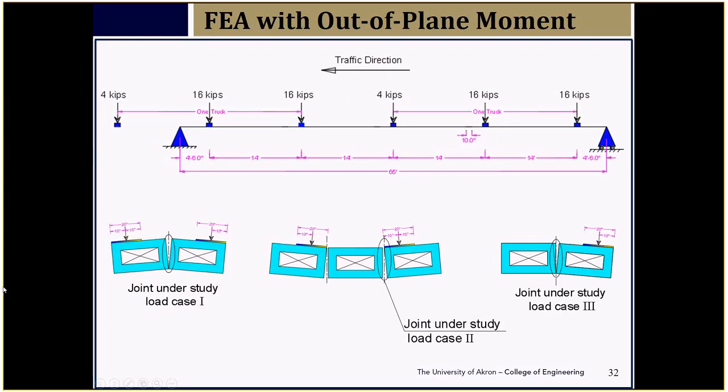The next thing we did was look at the condition of these joints when there is out of plane movement. For that, similarly, we looked at 3 different load cases. One, symmetric loads but causing tension at the top. The second one has symmetric loading but tension at the bottom.